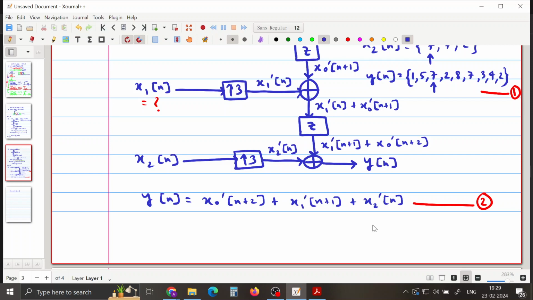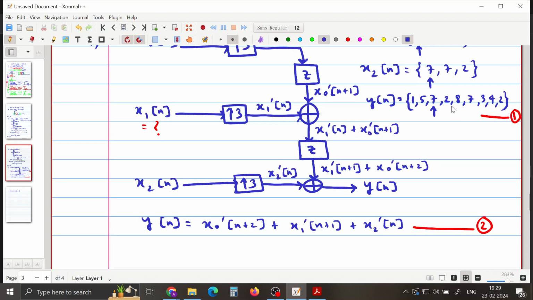So the final sequence will be a function of a, b, and c. But y of n is given in equation 1, so we can compare those two to calculate the values of a, b, and c that are consistent with the given information.